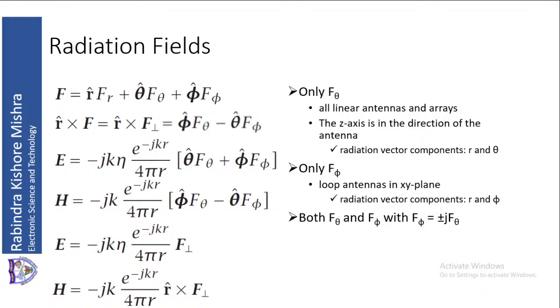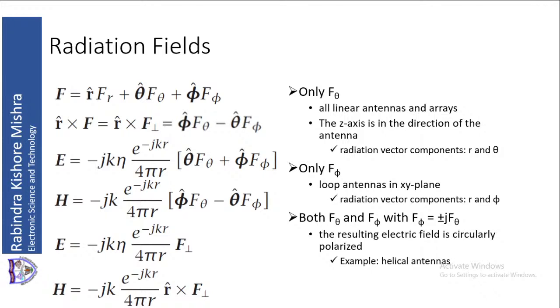If you have both F theta and F phi, with F phi equal to plus minus j F theta, which means they are in phase quadrature, then the resulting electric field is circularly polarized. An example is a helical antenna.